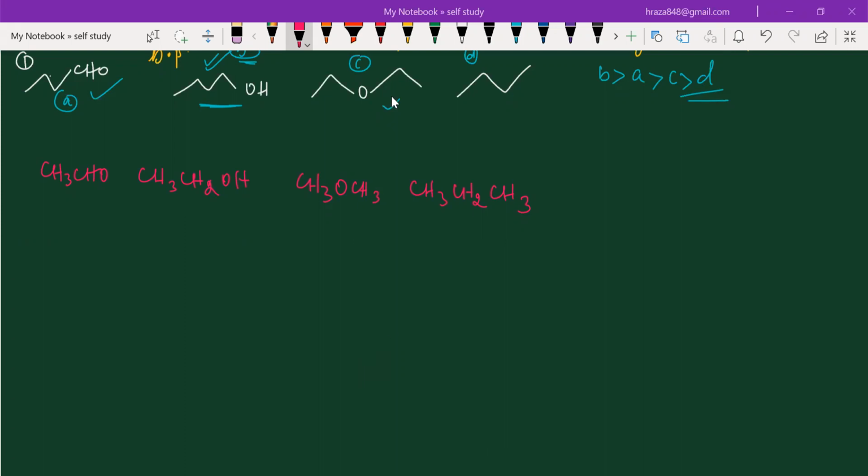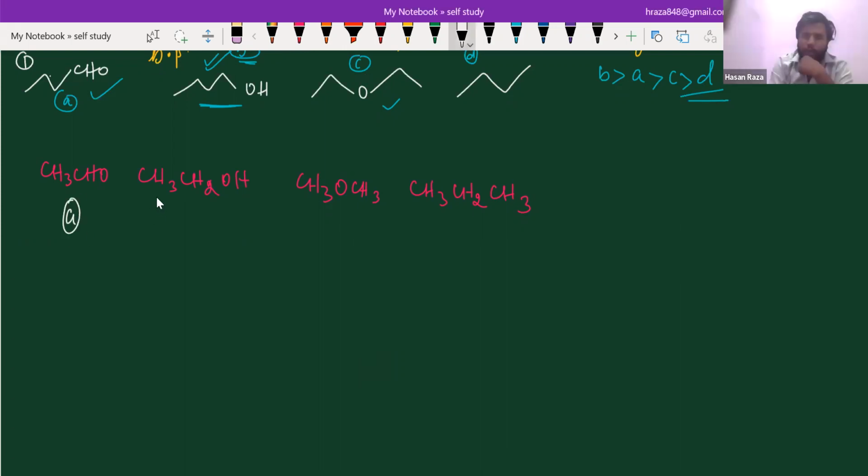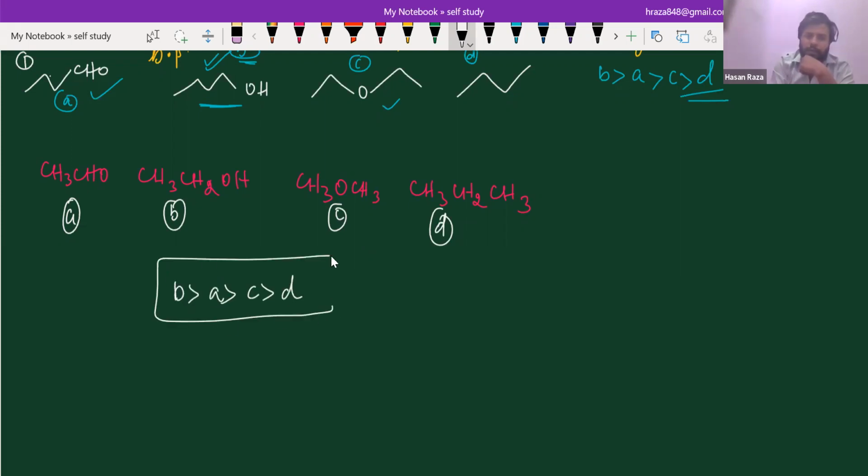Everyone done with this? It's also very easy. You can see this is an aldehyde with a comparable molecular mass. This is your alcohol, this is your ether, and this is your alkane. So B, then A, then C, then D. Is that clear, Ahmad, Zaid, Alan? Yes, sir.